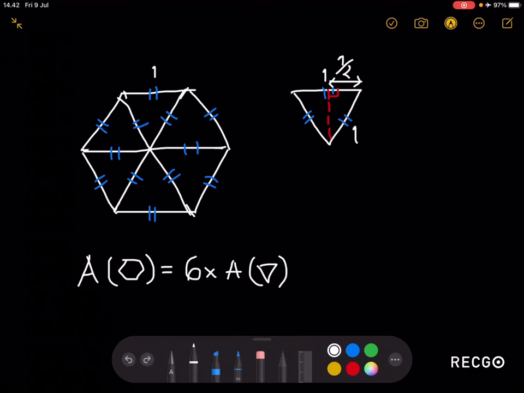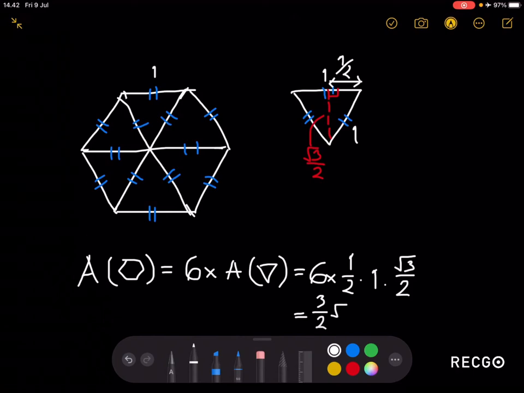By the Pythagorean theorem, one can check that the length of this little red line is square root of 3 over 2. So the area of the hexagon will be 6 times 1/2 times its base, which is 1, times its height, square root of 3 over 2. This leaves us with an area of 3 over 2 times square root of 3.